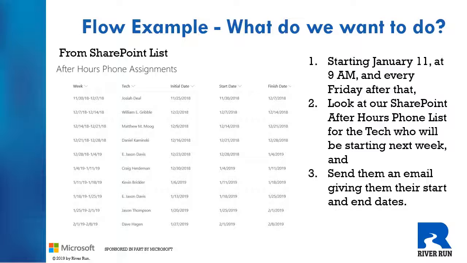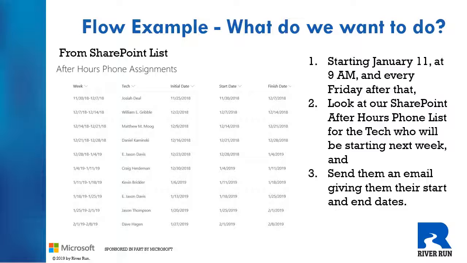So let's build one. Here's an example of a flow that starts with a SharePoint list called the After Hours Phone Assignments. And what do I want to do? Well, starting in January, every Friday at 9 a.m., I want to look at this SharePoint After Hours Tech list and check today's date, and look a week ahead.